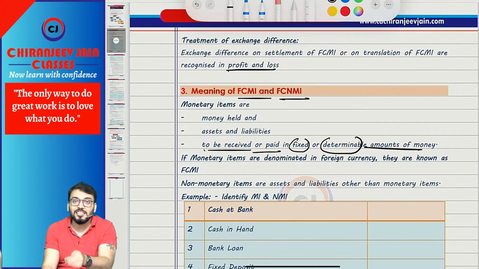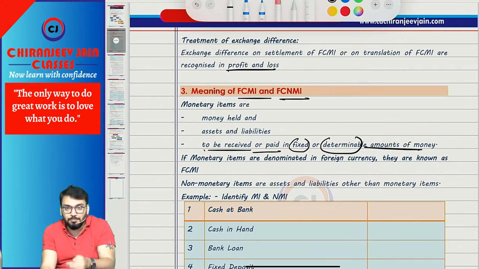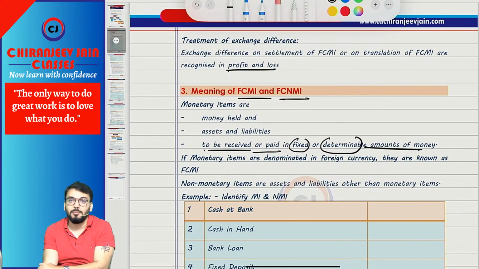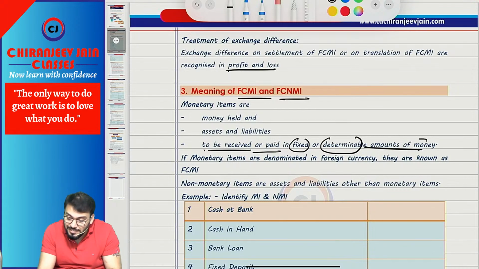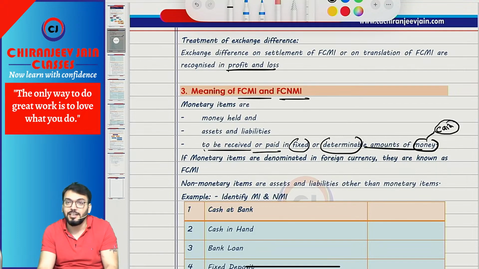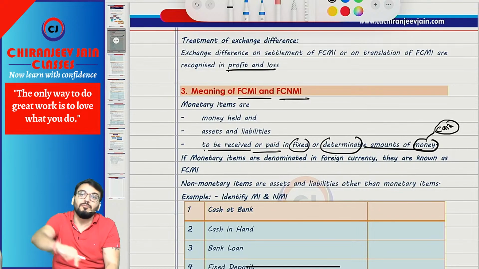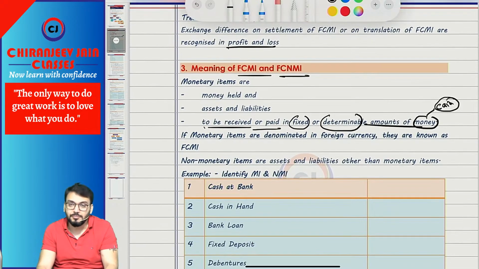Those which are realizable or payable in the form of goods or services are not FCMI. So which are realizable or payable in cash, in currency, become monetary items. And if that monetary item is denominated in foreign currency, it becomes a foreign currency monetary item.